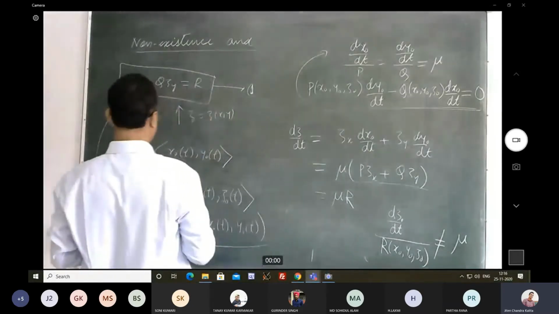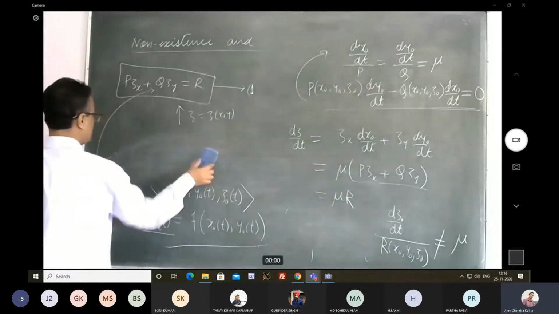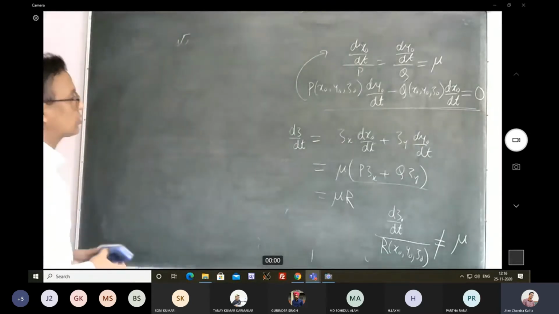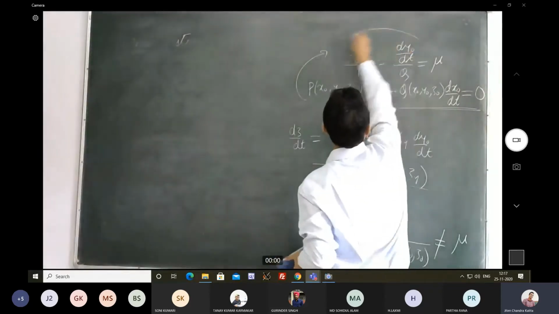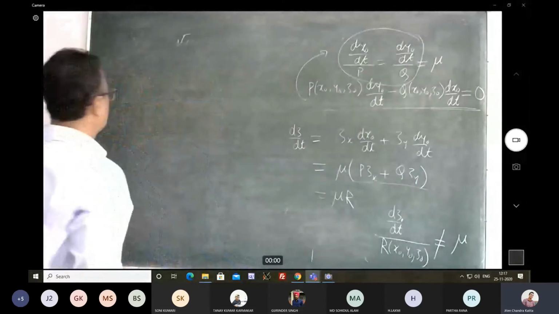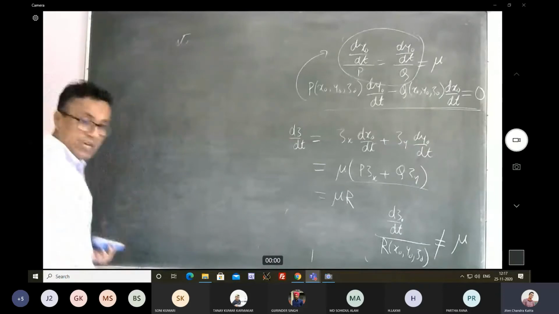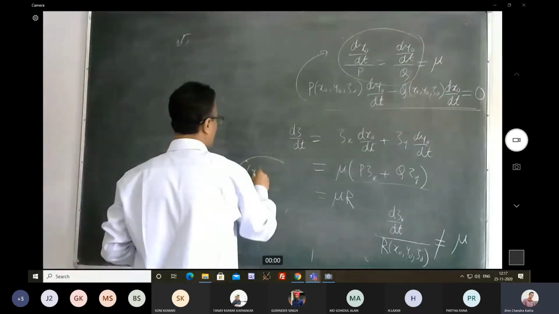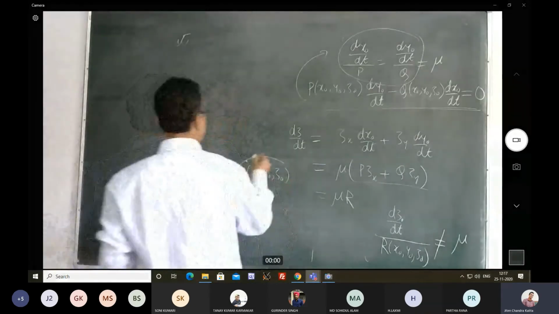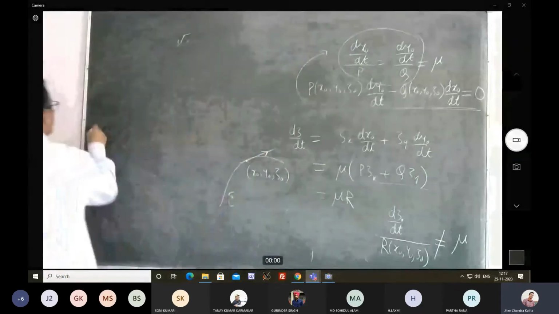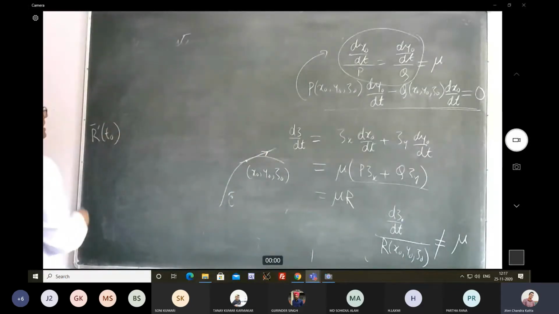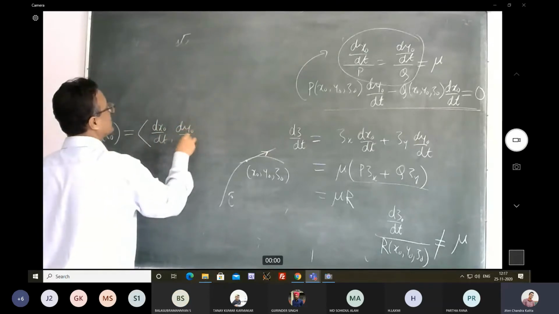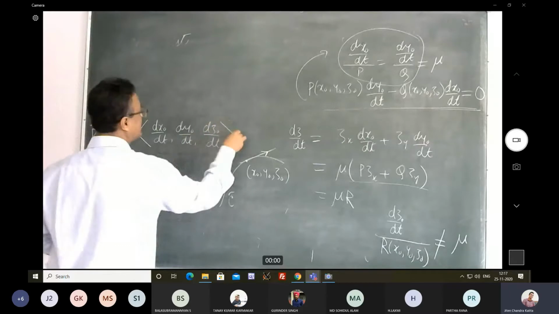So in that case, what is going to happen? As I have told you, I have already been given this condition. So that means on the curve, say this is C tilde, and suppose this is the point x naught, y naught, z naught. Suppose I have this tangent, which I define as r prime t. You know that its components are simply dx naught dt, dy naught dt, and dz naught dt. Right? Fine.